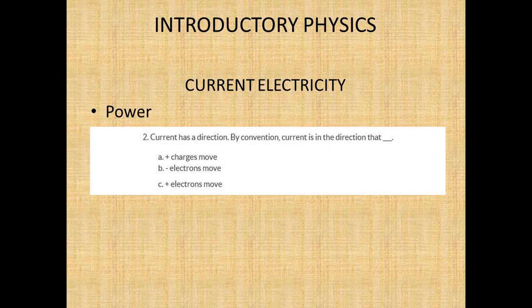Now, the charge is going to move from the positive terminal to the negative terminal. By convention, current is the direction that a positive charge moves. When you have your electric potential difference, your battery or whatever power source, you're going to move your positive charge from the negative terminal to the positive terminal.